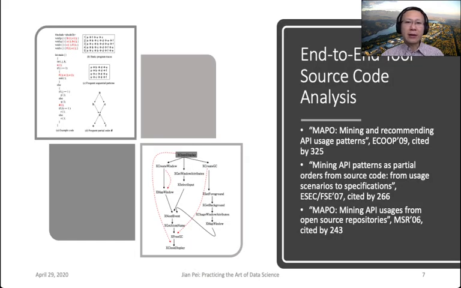Later, we had the luck to work with software engineering researchers. We applied the approach to code analysis. We developed a tool set called mining and recommending API usage for software developers using these usage patterns.